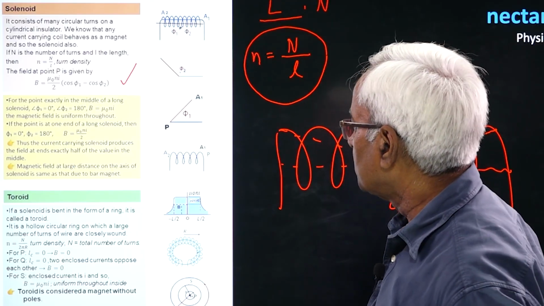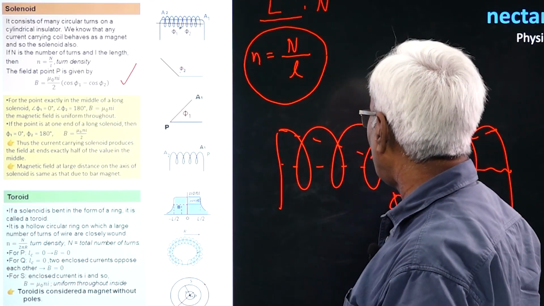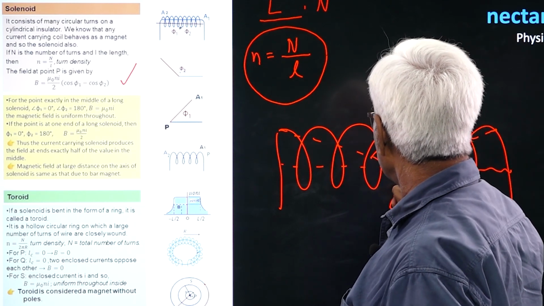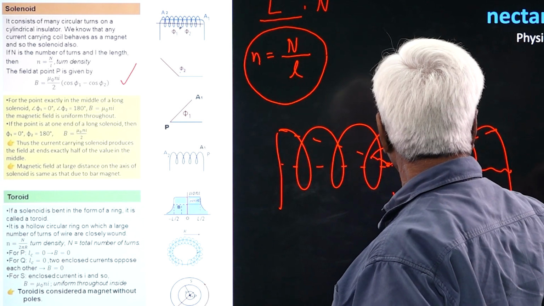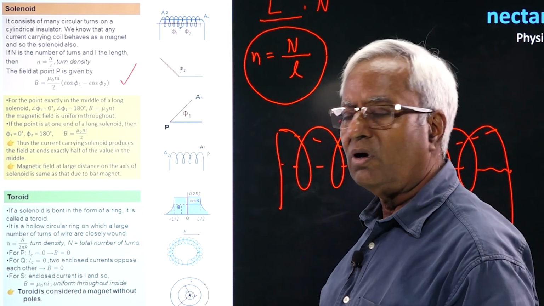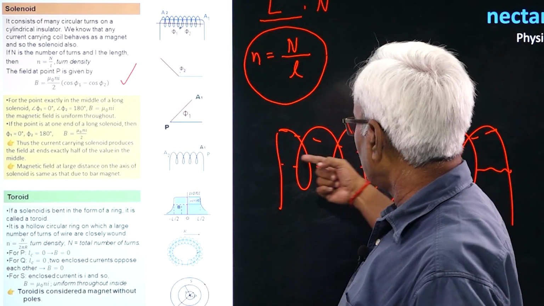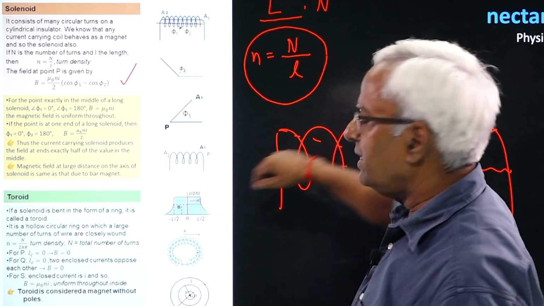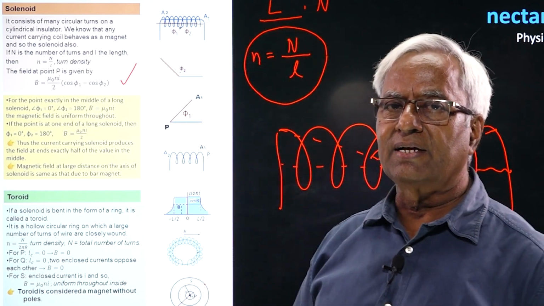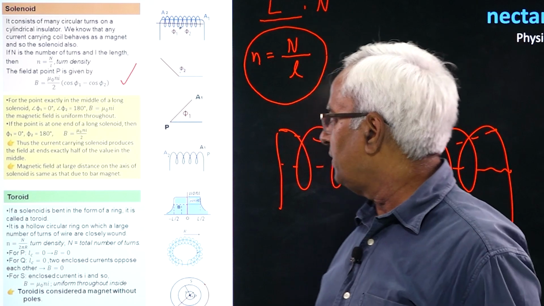If you consider the solenoid to be very long, then this angle will become very small if the length is increased very long. Similarly, this angle is going to become 180 degrees. That means for a very long solenoid, you have the angles 0 and 180 degrees.